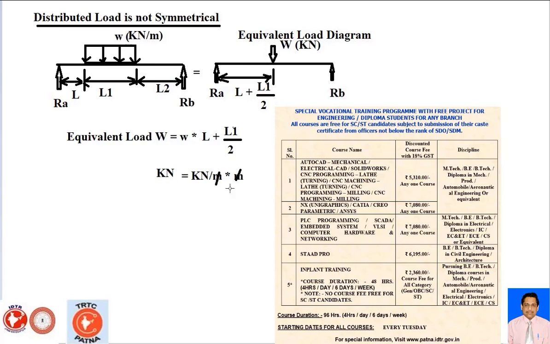Now you have to compute the equivalent load condition. All these things were previously discussed in the previous problem, how to compute RA and RB. Here you can watch the procedure.